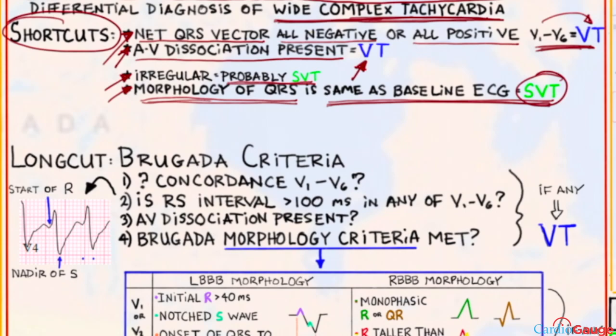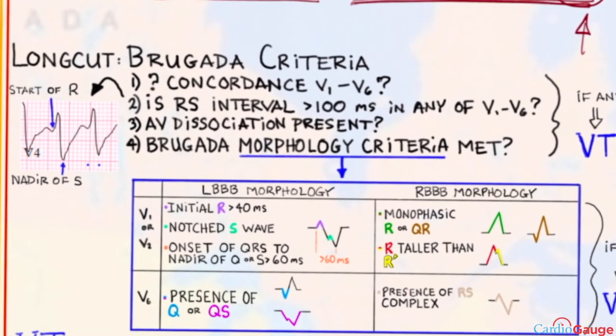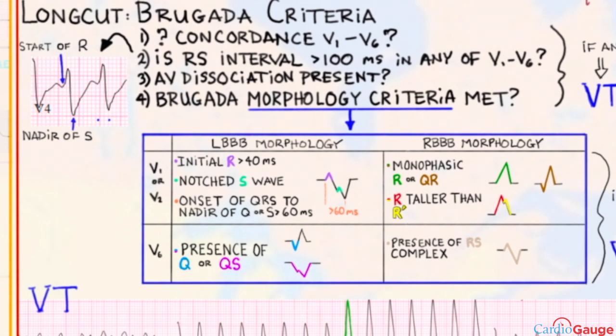So for example, if at baseline they have a left bundle branch block, and then they have a fast rhythm with a typical left bundle branch block that looks the same as their previous ECG when they had normal sinus rhythm, you've got SVT.